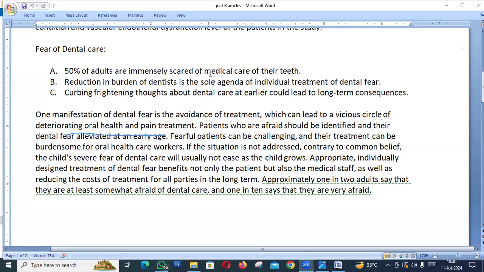Nothing is related. So now try to find the keyword. Keyword: individual treatment. Individual treatment of dental fear, where is it given?